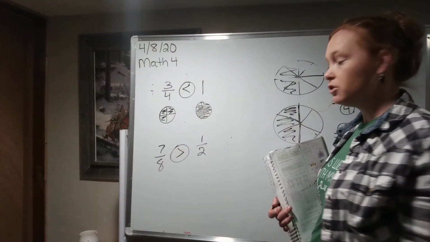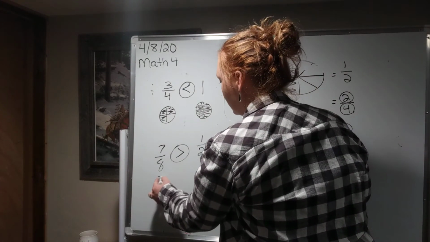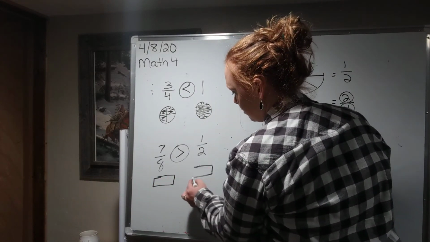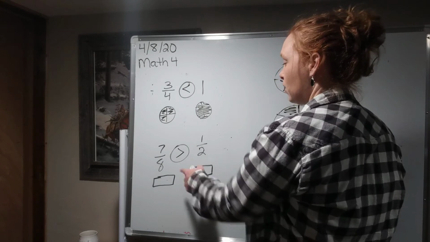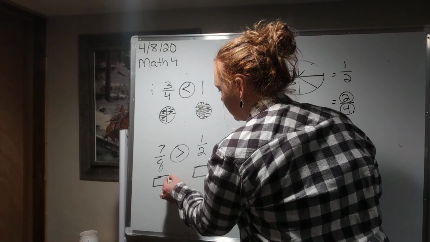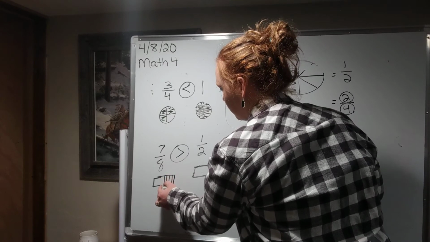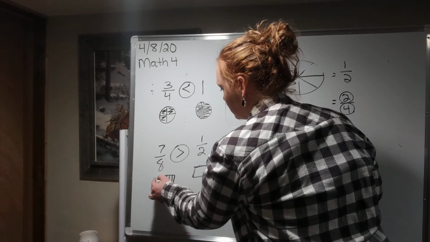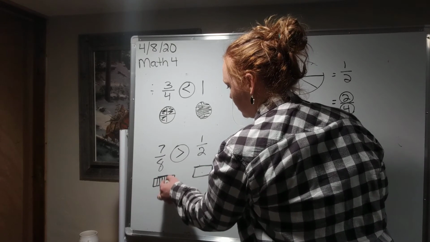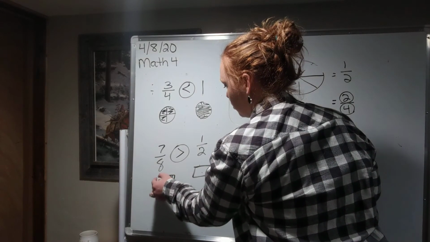Might you need to draw a picture? Sure. As long as these are exactly the same squares. Don't make one really big and one really small. And I have to cut this one into 8s. 1, 2, 3, 4, 5, 6, 7, 8. And I got to color in 7 of them. We can see that that's almost one whole.